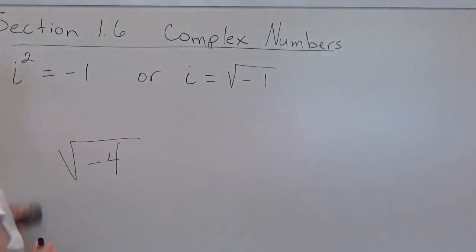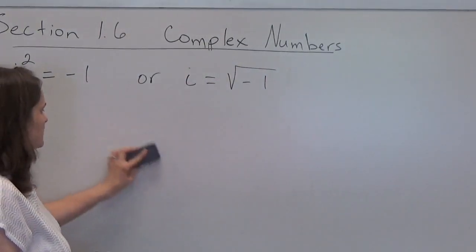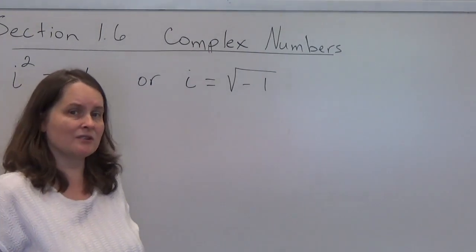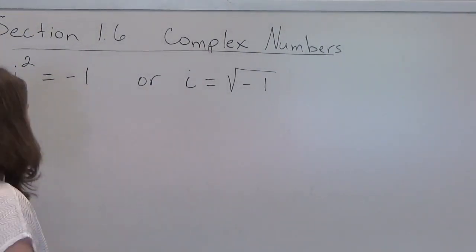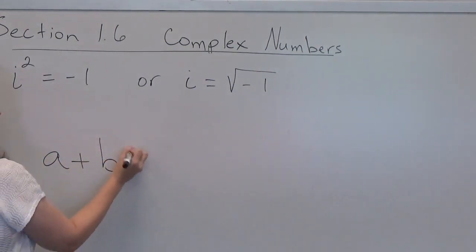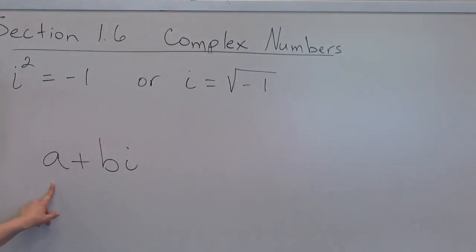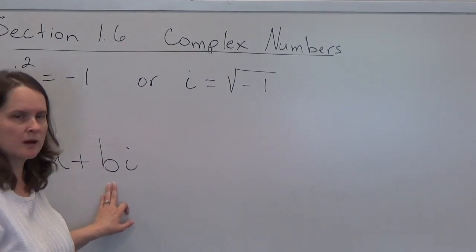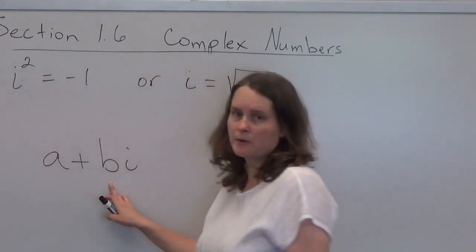Complex numbers are always written in what we call the standard form, which is a plus bi, where a is the real part of the number and b is the imaginary part. So whatever you're multiplying by i is your imaginary part.